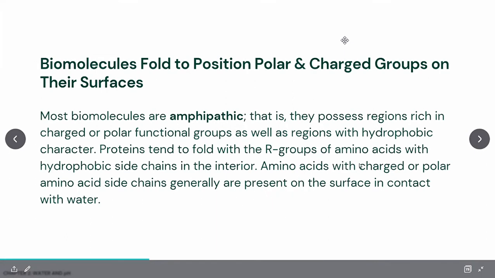So amino acids with charged groups are polar. And a surface that does not have any charges is non-polar. Okay?